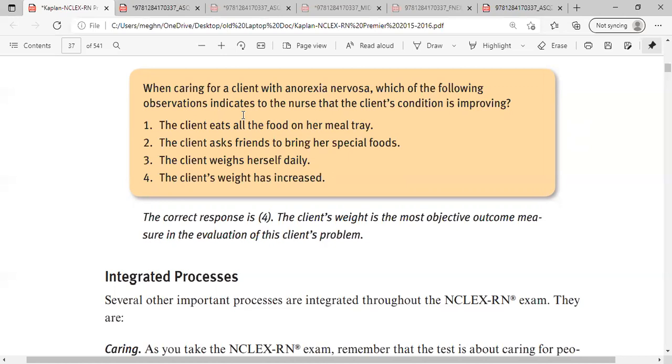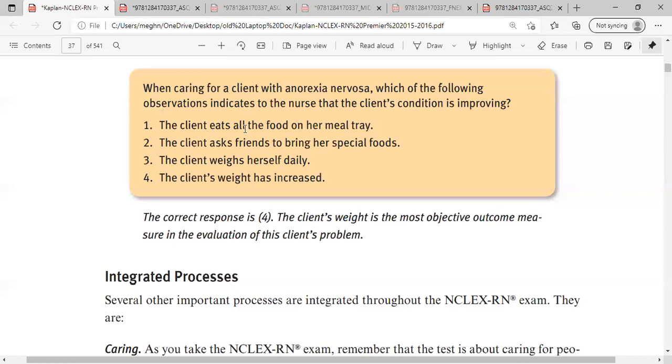anorexia nervosa. Anorexia nervosa and bulimia are most important for the NCLEX board, and we have to know the compare and contrast of anorexia nervosa and bulimia. Basically the options say the client eats all food on her meal, which indicates to the nurse that the client's condition is improving.